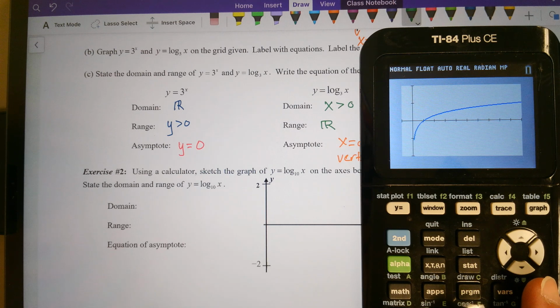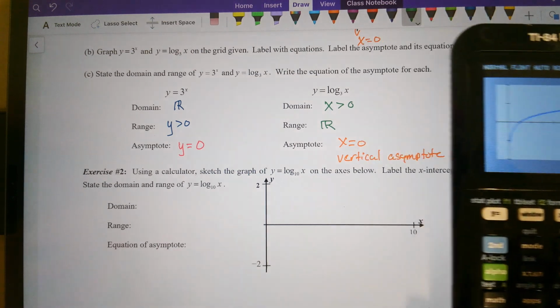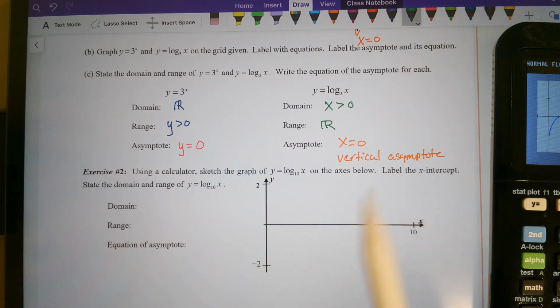This is a nicer picture. X-intercept is 1. So estimating here.